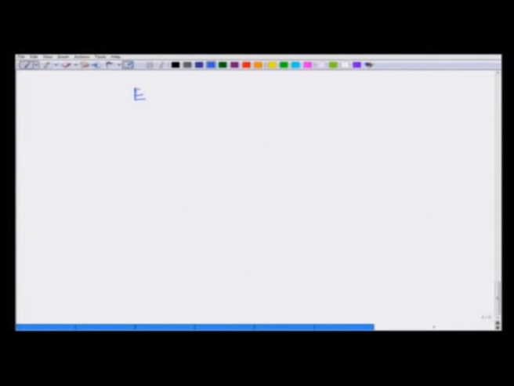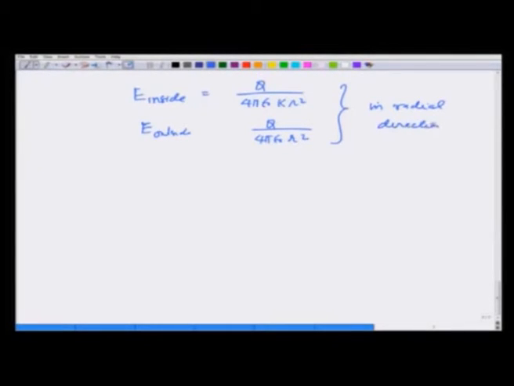So, E inside is q over 4 pi epsilon 0 k r square, and E outside is q over 4 pi epsilon 0 r square in the radial direction.